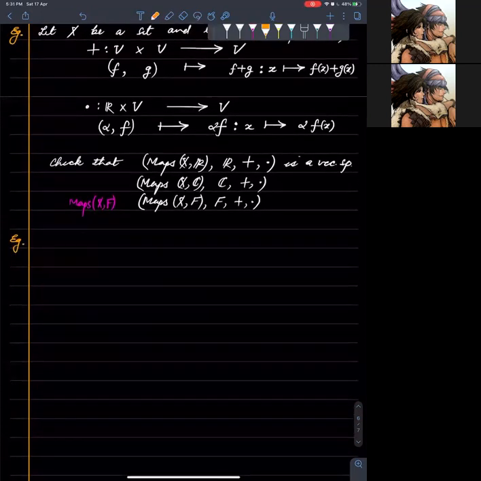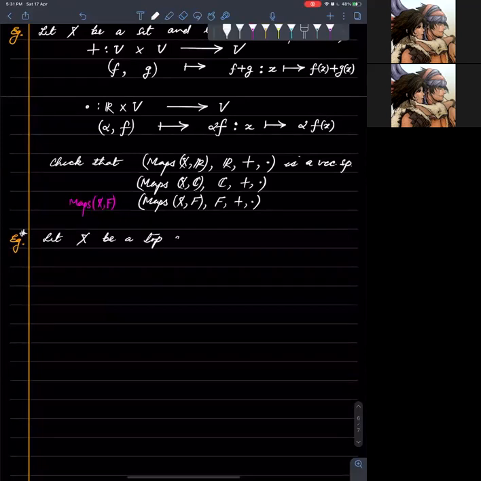So this example is coming somewhat outside of linear algebra. If you don't follow this, that's completely fine. If you follow this, that's great. But this is really optional. So let X be a topological space.